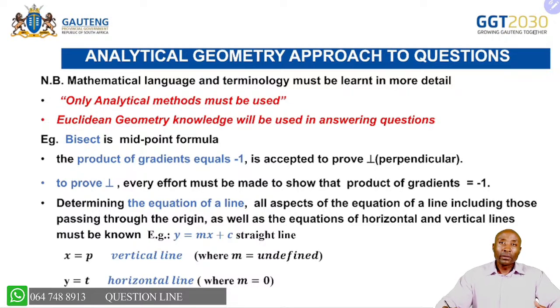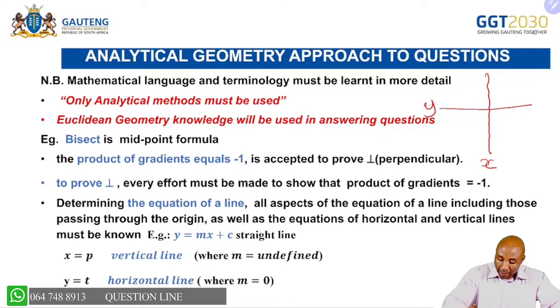Now, I will not leave out the equation of a vertical line and the equation of a horizontal line. We are aware that that's a vertical line, that's a horizontal line, and we know that these are drawn on a Cartesian plane. For vertical, we are dealing with x values. For horizontal, we are dealing with y values.